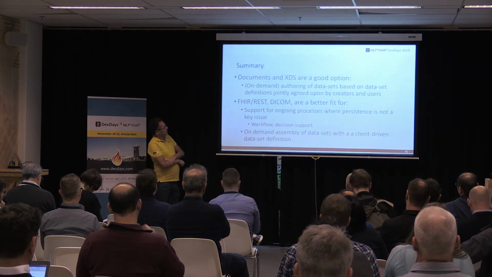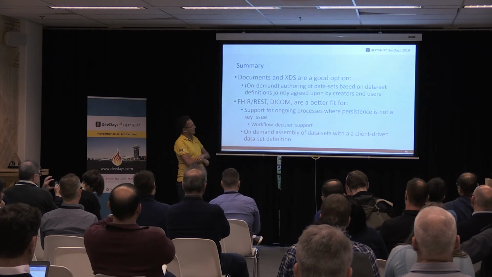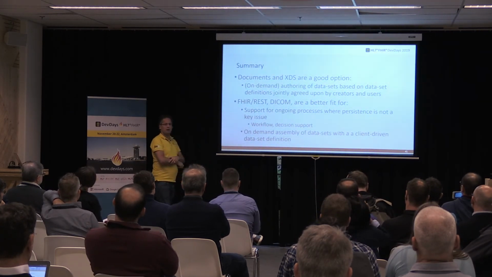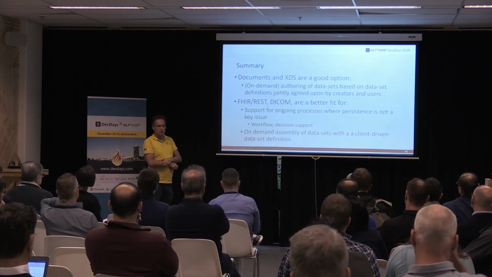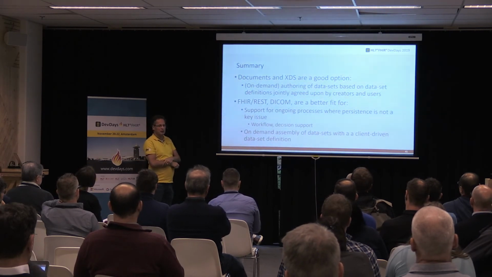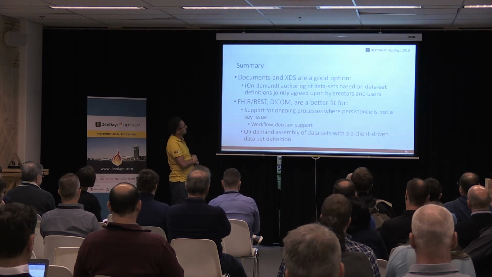So let's look at the summary. So documents in XDS are a good option. And the on-demand feature, a very powerful feature in XDS, has been added a couple of years ago. It is a very good fit with how FHIR has things like current list and the $document feature on composition.